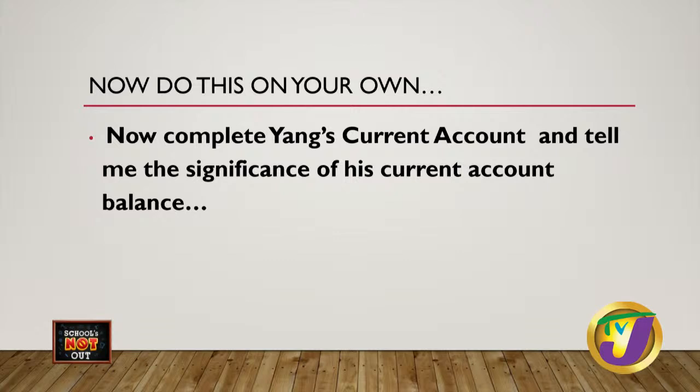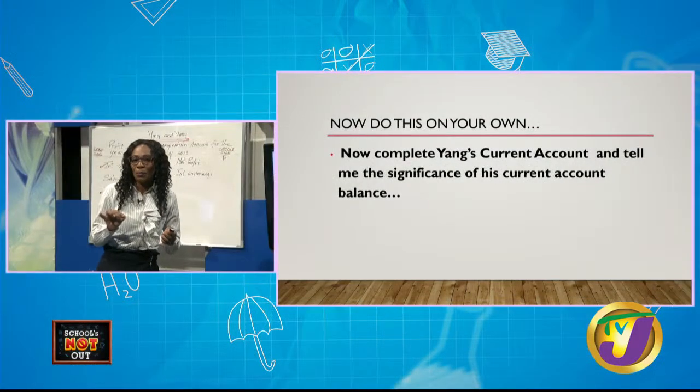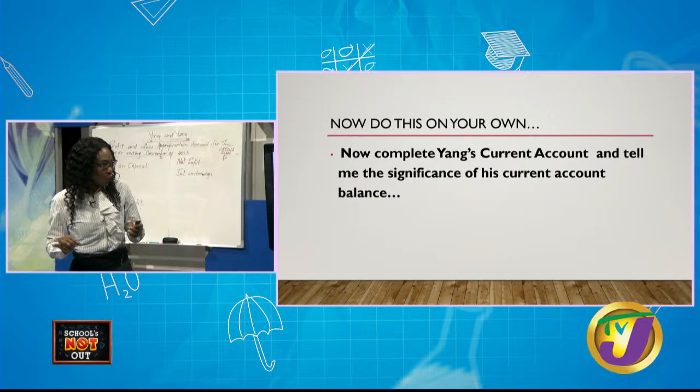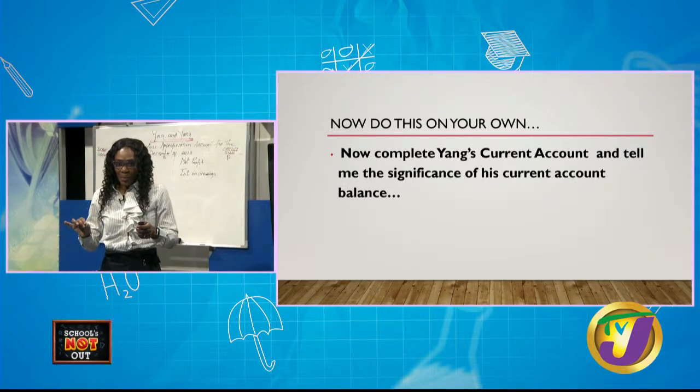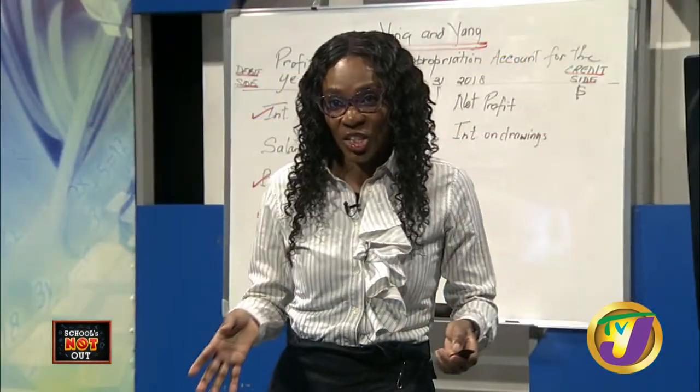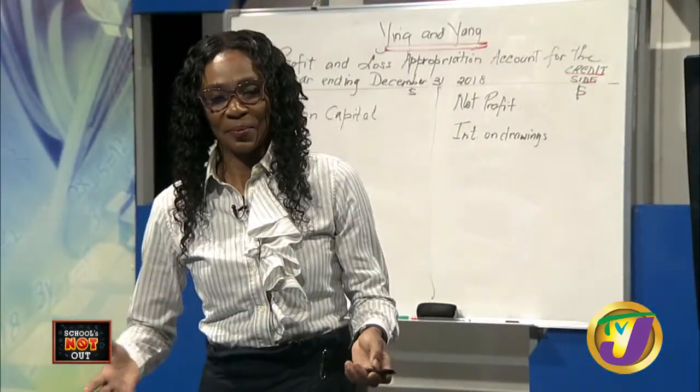Likewise, you must hold it to your heart. Close at exam time. Now, I'm going to give you just a few minutes while I guide you to do Yang's current account on your own. Then you're going to tell me the significance of Yang's current account balance. So I want you now to take your sheet of paper, and if you have a ledger sheet at home, that would be even nicer.